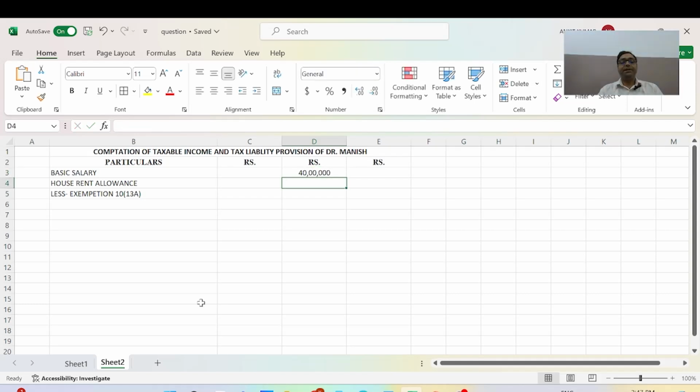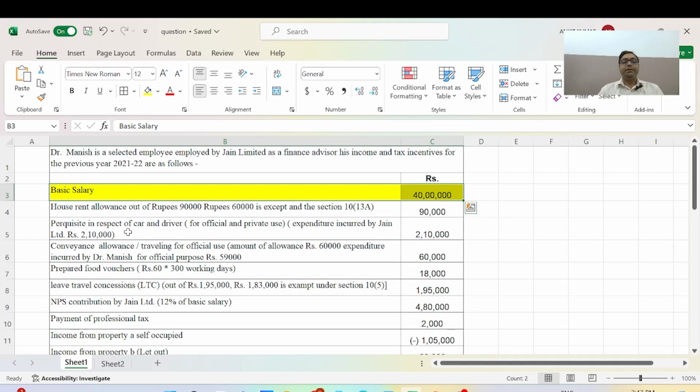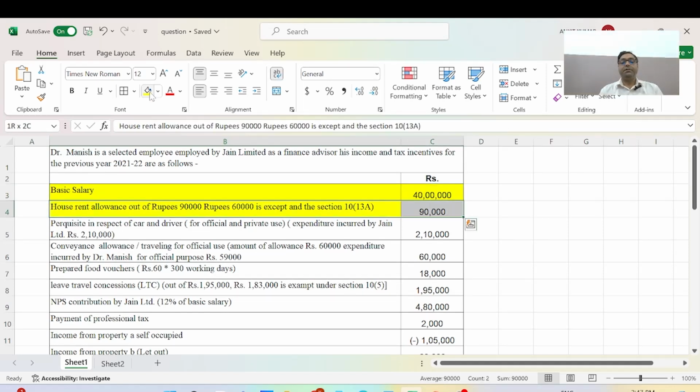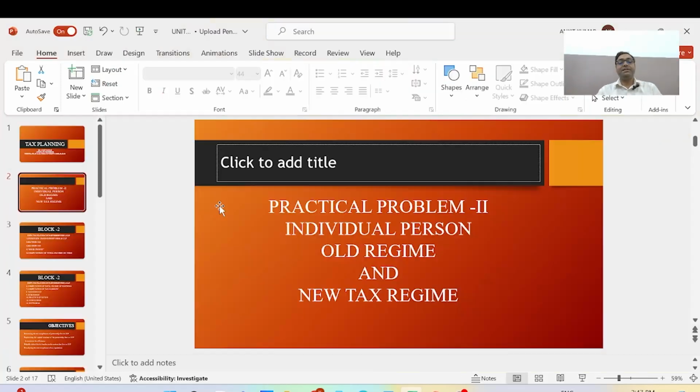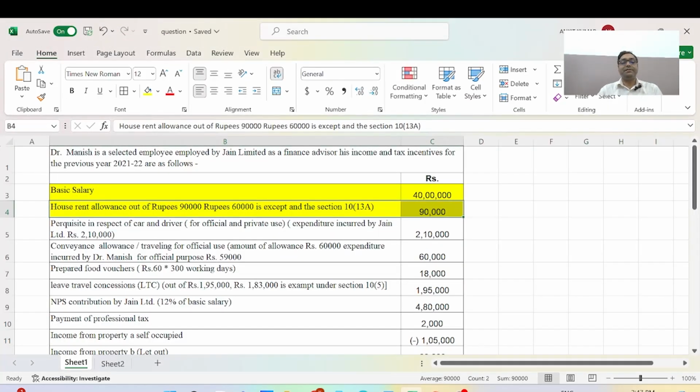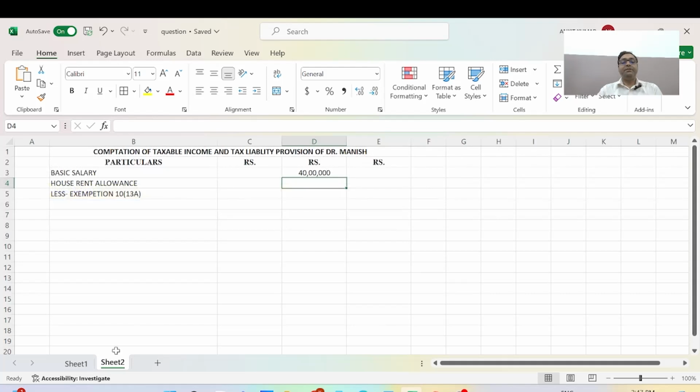His house rent allowance, as per the information in the question, is provided by the company at 90,000 rupees, but only 60,000 is exempted under Section 10 clause 13A.